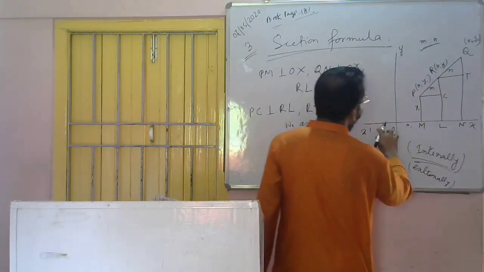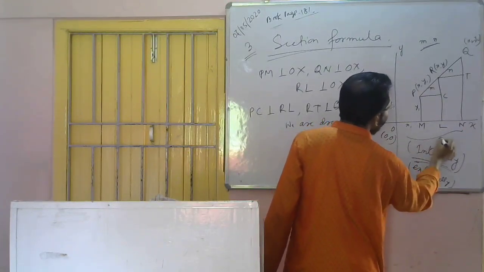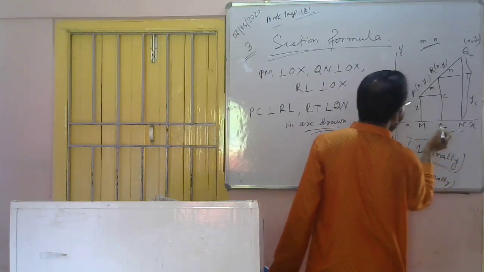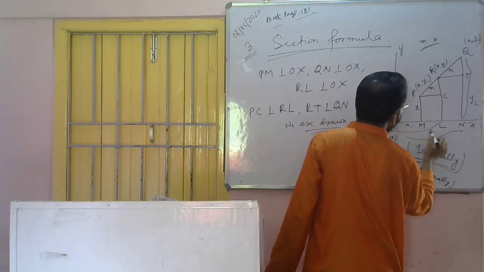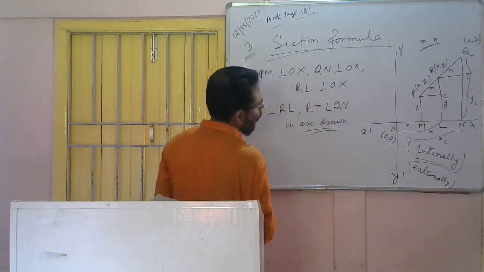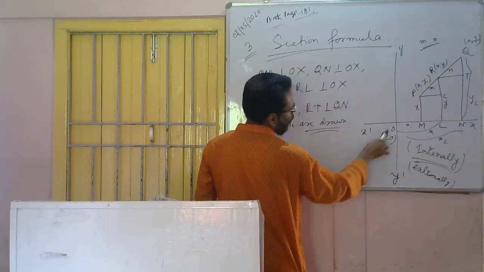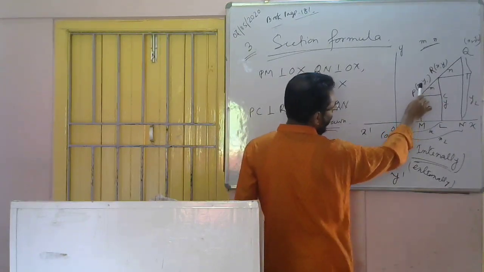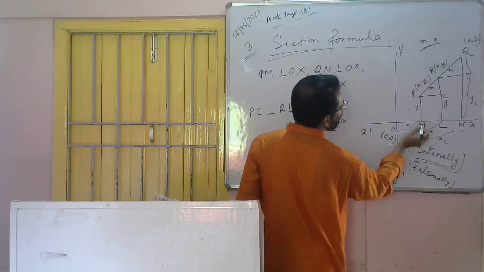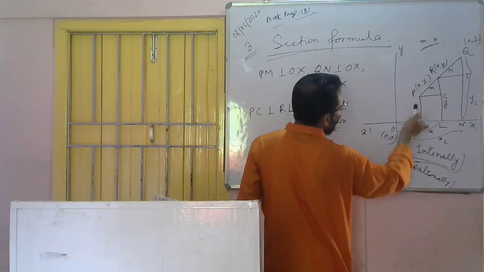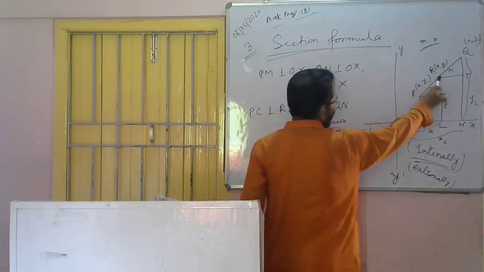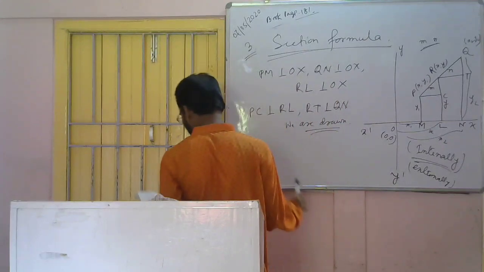This one is X2, this one is Y2, and this point is X, this one is Y. P is (X1, Y1). X1 is the abscissa, this distance, and this height is the ordinate Y1. Similarly for the other points.